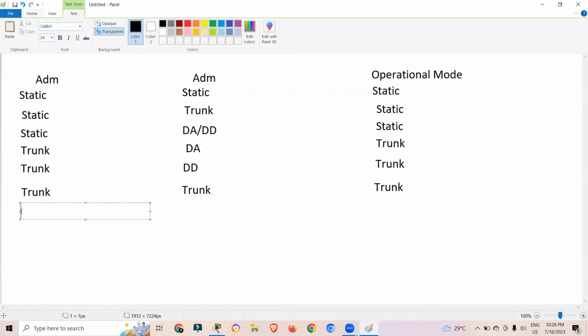If the first is dynamic auto and the second is dynamic auto, then the combination will be static access. And dynamic auto plus dynamic desirable will be equal to trunk.